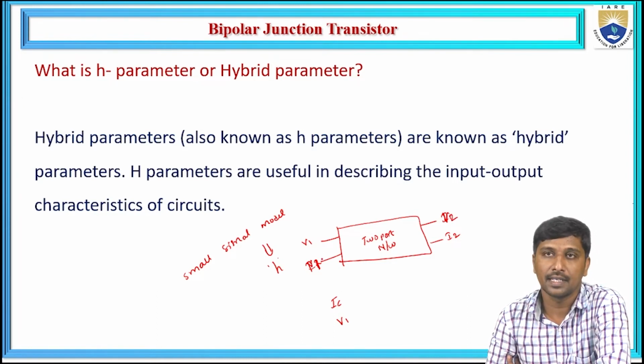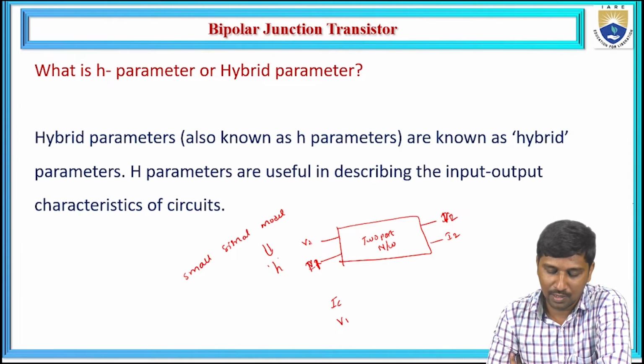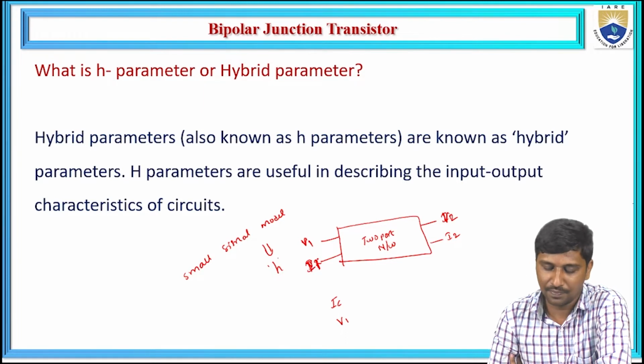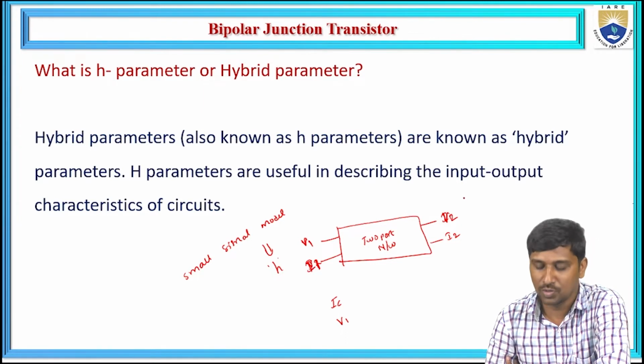For the transistor, on the input side we represent V1 and I1, and on the output side the output is measured in terms of voltage and current, V2 and I2.